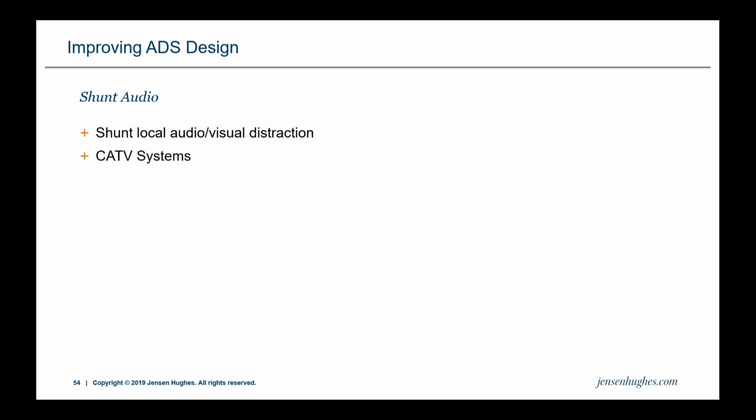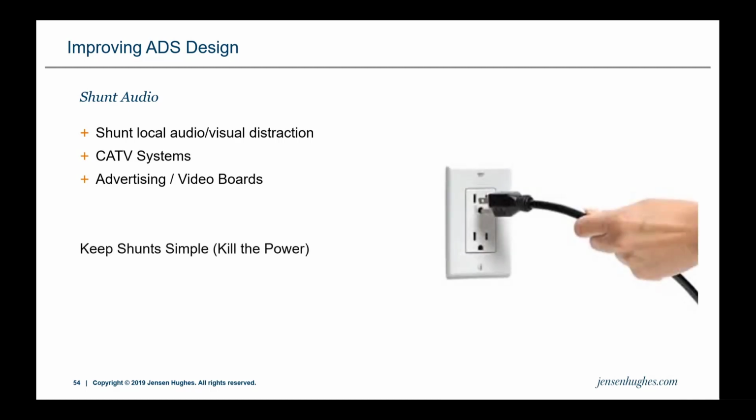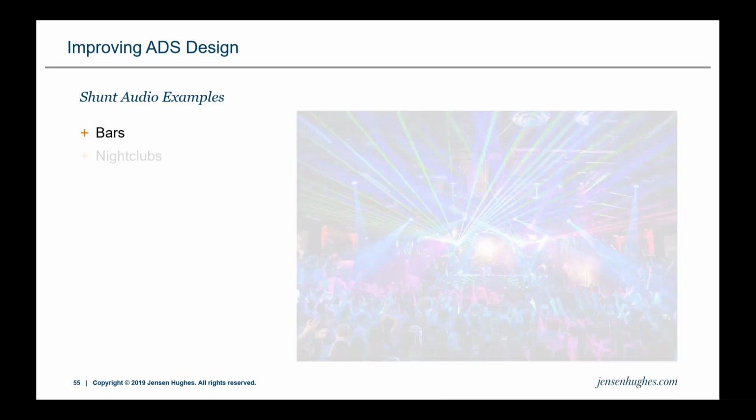So whether that's a local system, a cable television system like you'd have at a bar or restaurant, advertising and video boards that might distract from your visual notification in a building, providing audio shunts is quite simple and quite cost effective. In most cases, we're killing the power or the feed to the device. Some good examples of that might be bars, like we mentioned, lowering that average ambient sound level so that we can overcome that and hear the message.